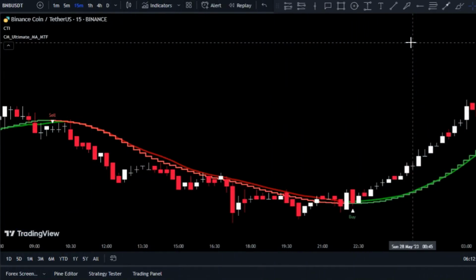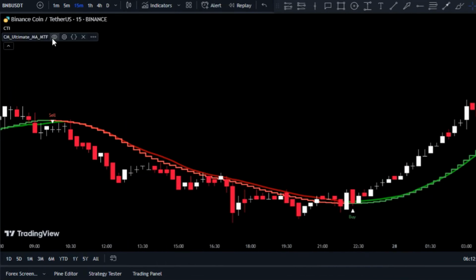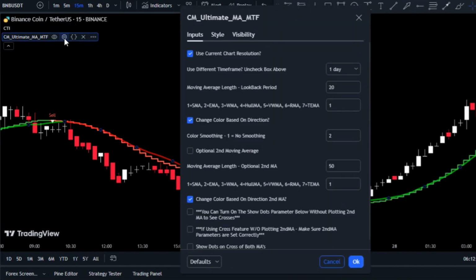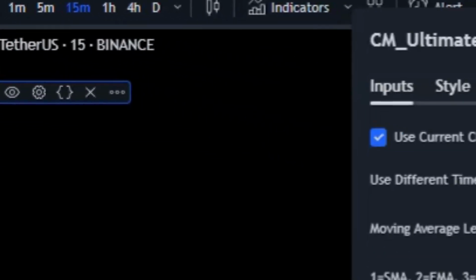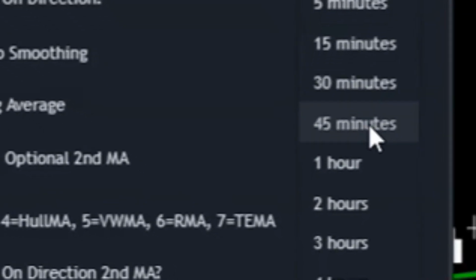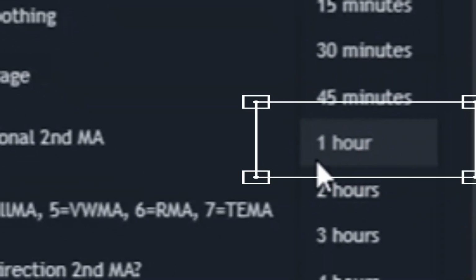But of course, this indicator also needs some optimizations. So in the settings, we want to set the indicator time frame one time frame higher than the chart's time frame. Since our chart time frame in this example is a 15-minute time frame, we'll set the indicator time frame to 1 hour.